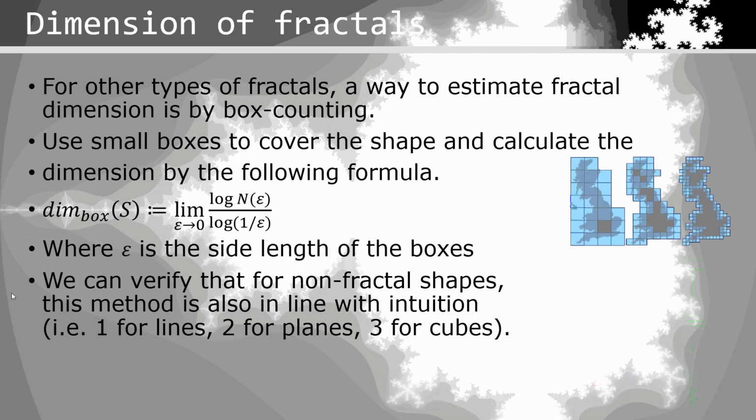For other types of fractals, a way to estimate fractal dimension is by box counting. Use small boxes to cover the shape and calculate the dimension by the following formula, where epsilon is the side length of the boxes. We can verify that for non-fractal shapes, this method is also in line with intuition, that is, 1 for lines, 2 for planes, 3 for cubes.